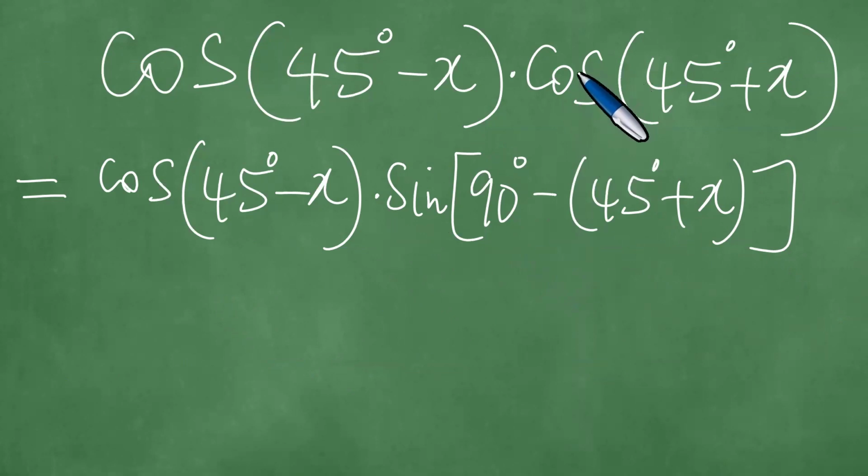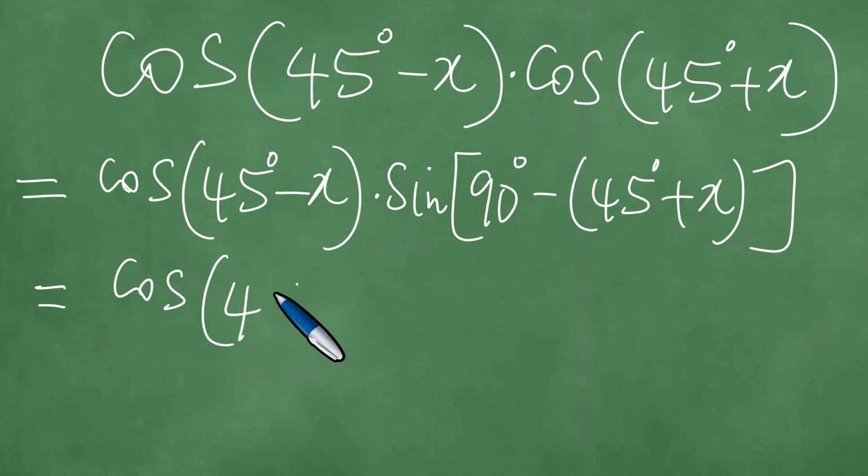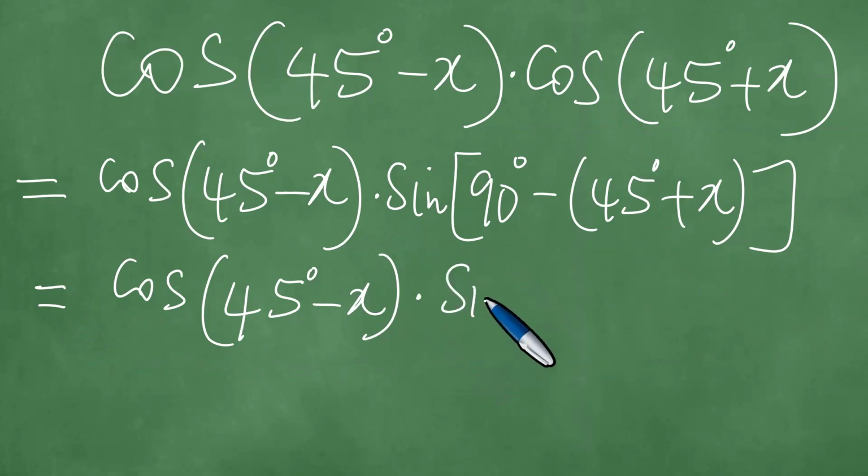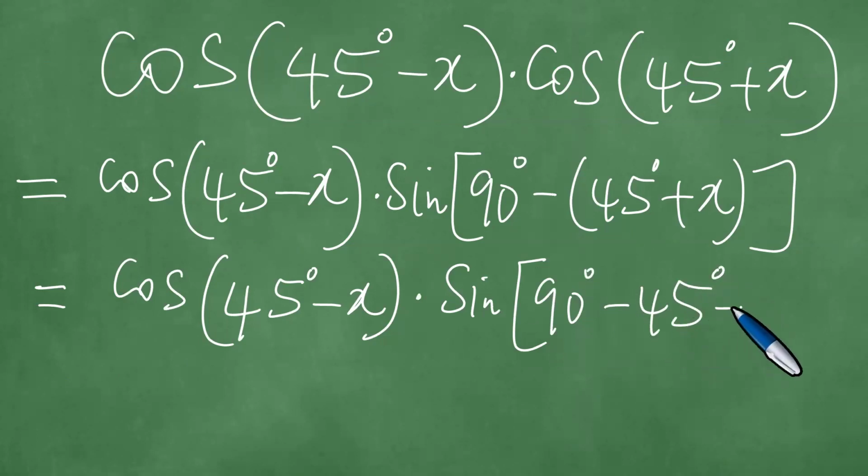There's a cofunction change where the cosine function changes to the sine function at 90 degrees minus the angle. So you have that this is cosine of 45 degrees minus x multiplied by the trigonometric sine of 90 degrees minus (45 degrees plus x), by distribution.